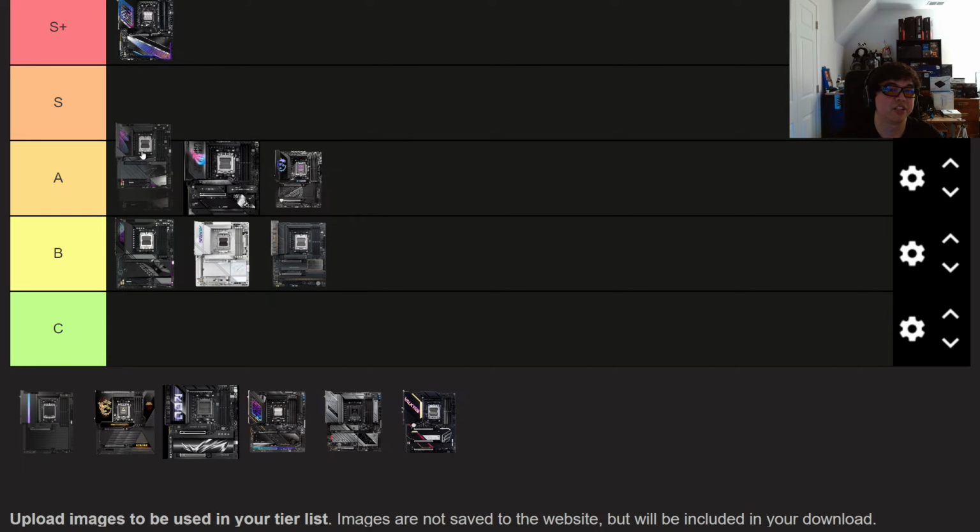The Gigabyte gives you 2 X4, and the Carbon gives you an X4 and an X8 that shares lanes with the GPU. So all three of them have a unique difference, so none of them are exactly the same. They're all the same price, but all of them do something different.